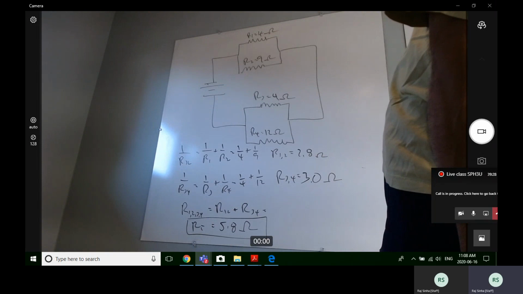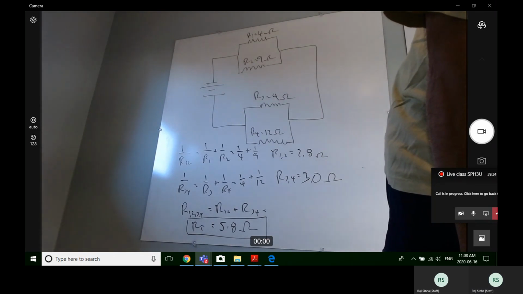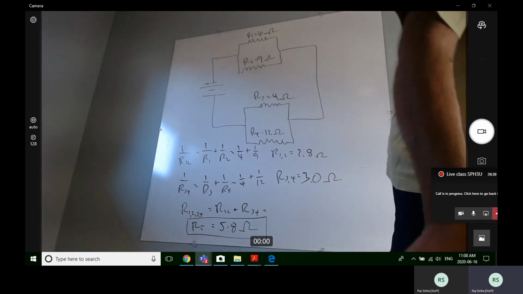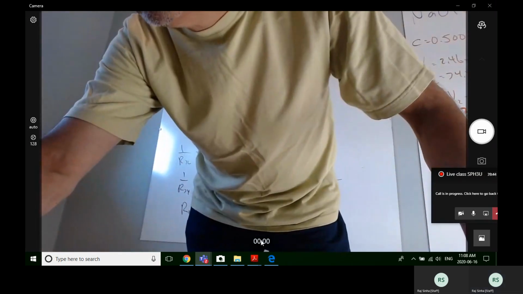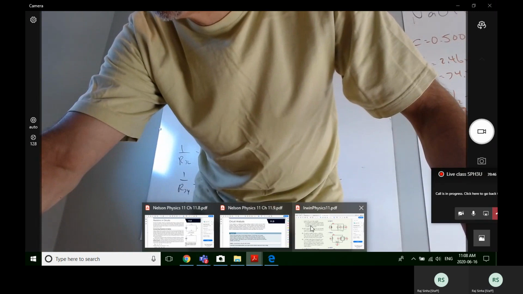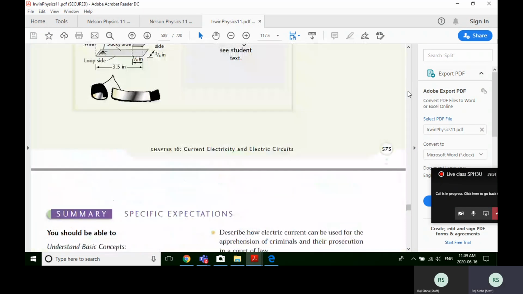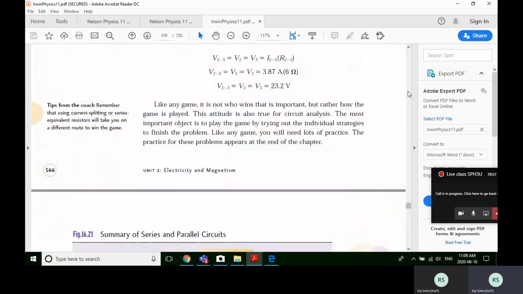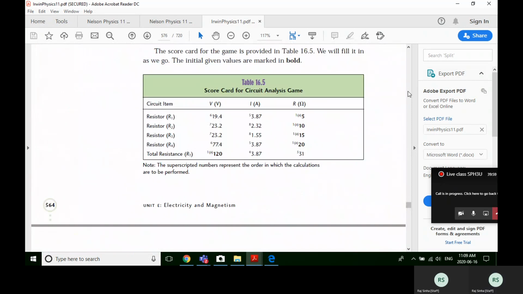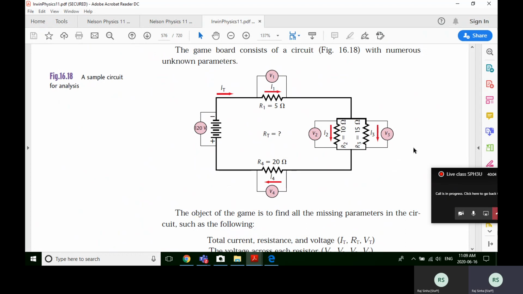Okay, so there's question 31C from last night. All right, so I'm going to go back to this circuit right here.